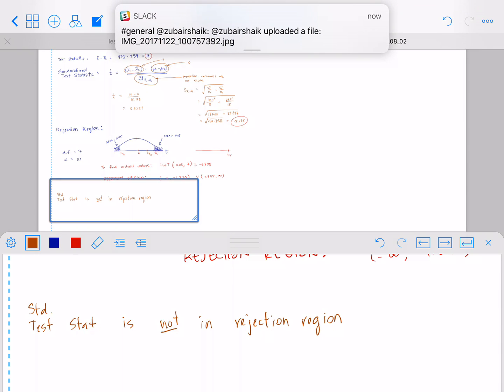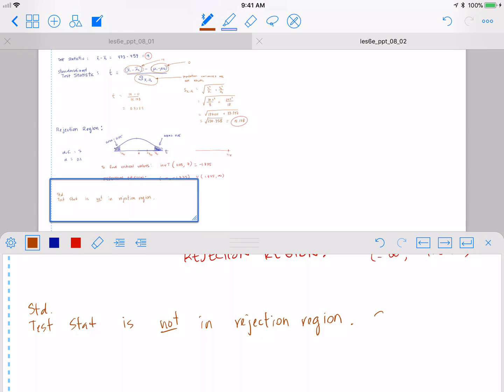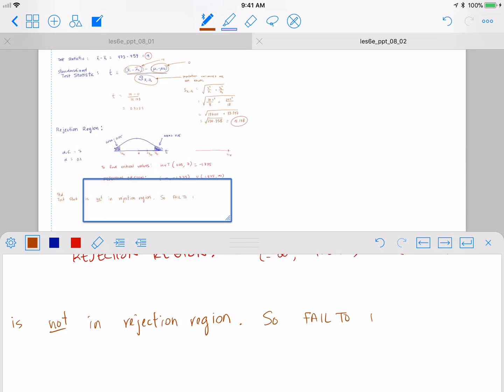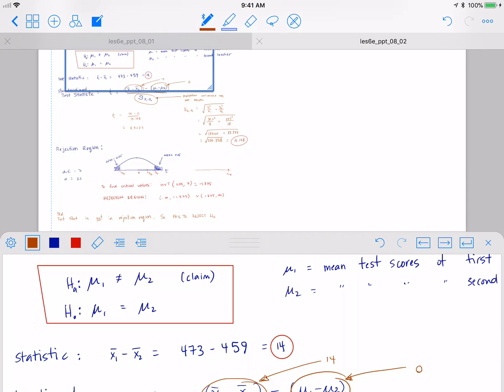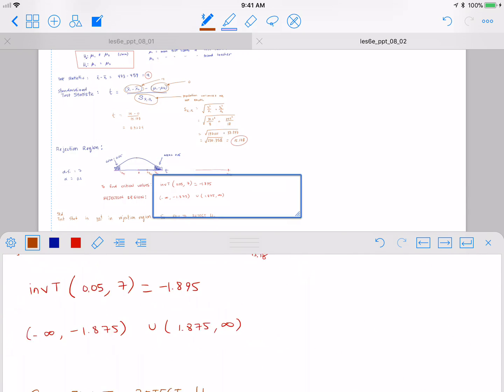So we will fail to reject H naught. And since our claim was HA, if we fail to reject H naught, that means there's not enough evidence to support the claim.